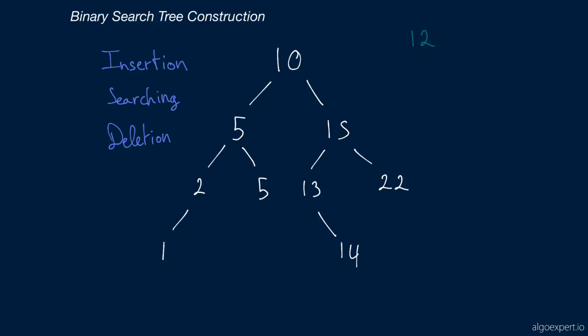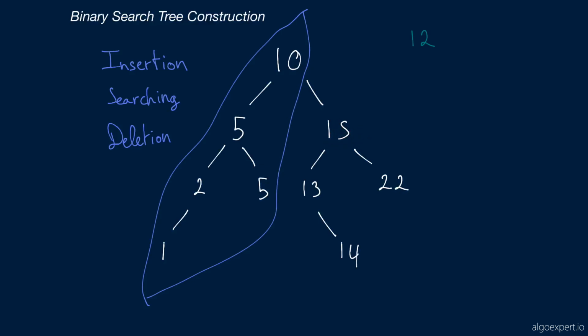So what that means in practice is that we can actually eliminate this entire left subtree here that I'm circling. This entire part of the BST, we no longer need to explore because we know that 12 will not be located in it.